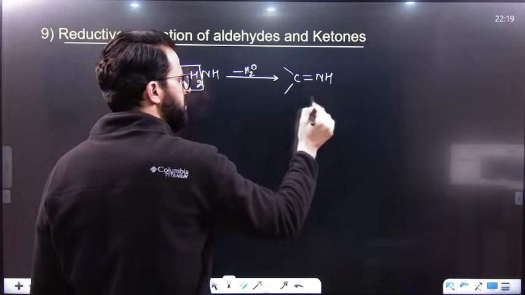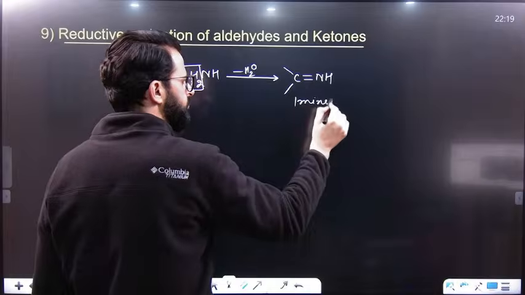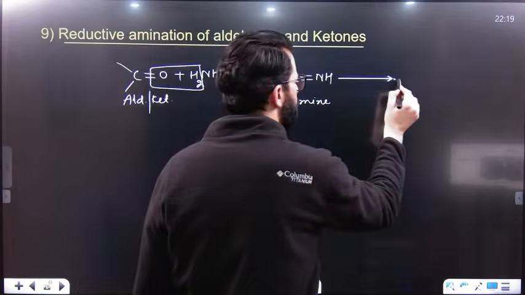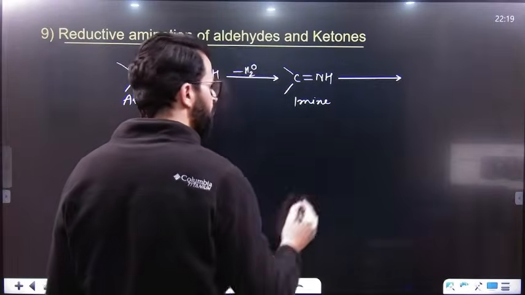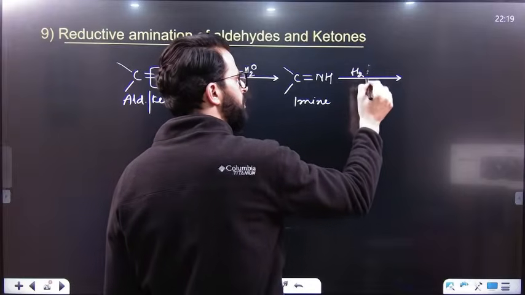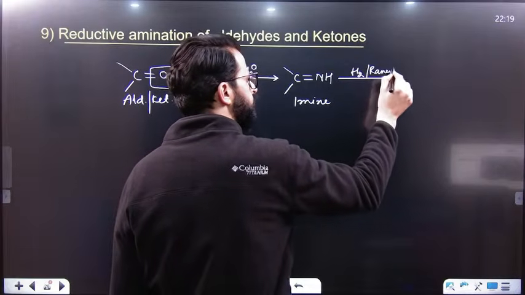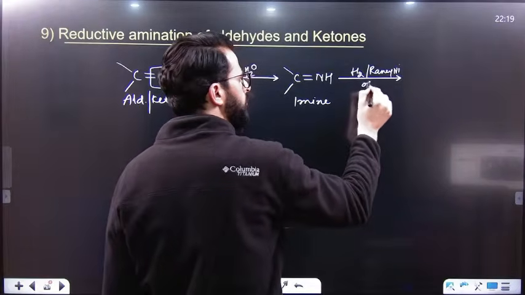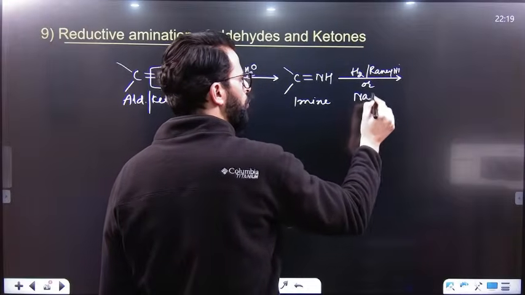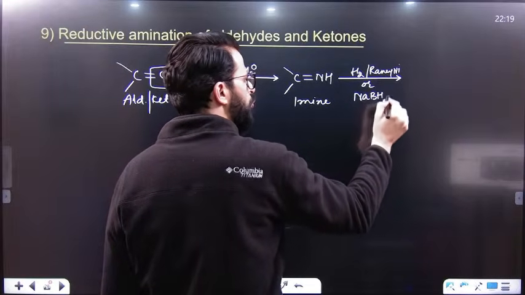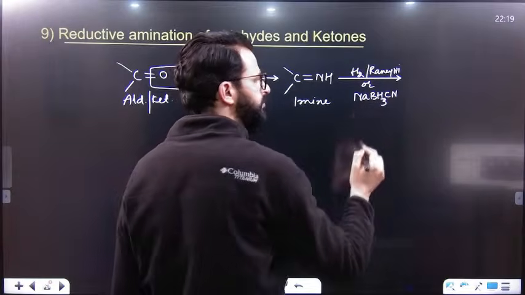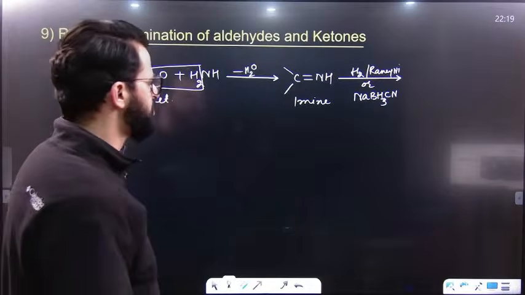So this is known as imine. This imine, upon reduction by using a reducing agent, say for example hydrogen in presence of Raney nickel, or we can use sodium borohydride, or sodium cyanoborohydride.